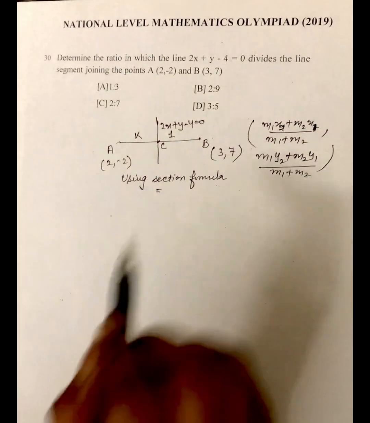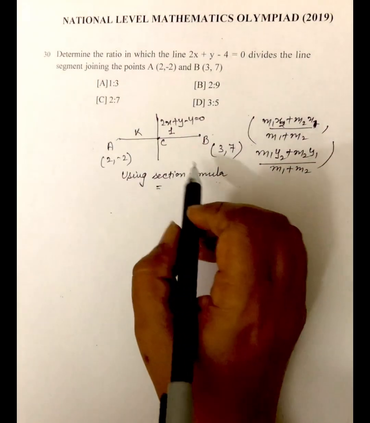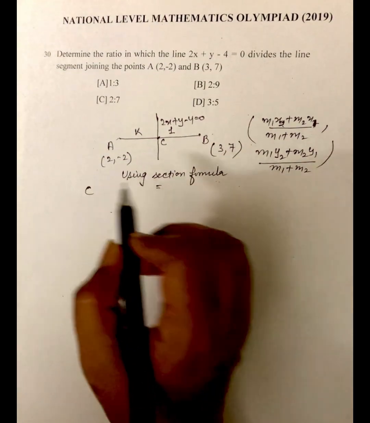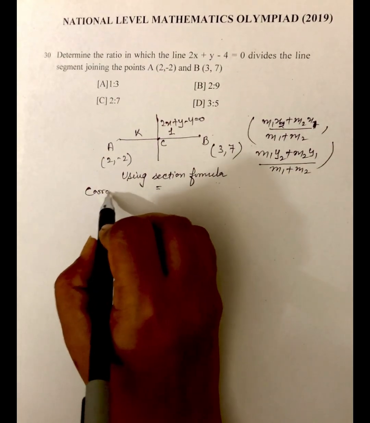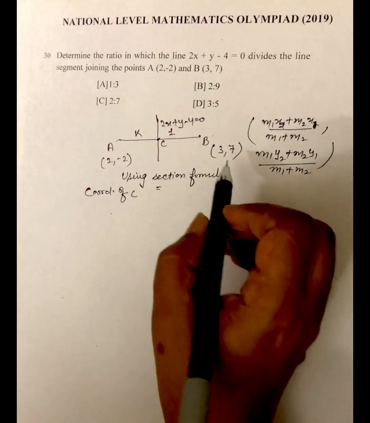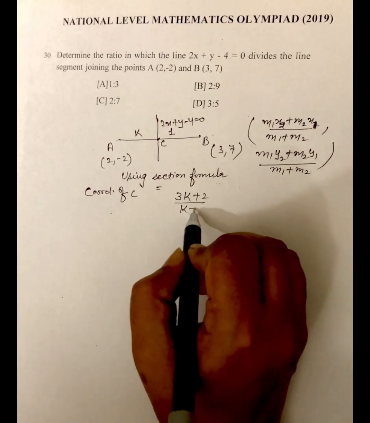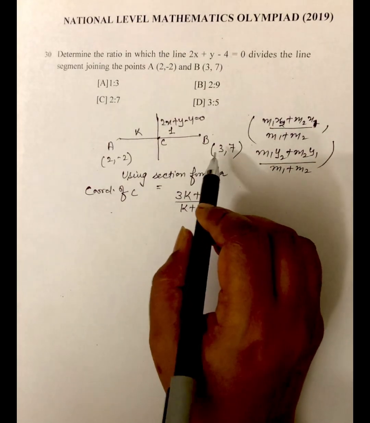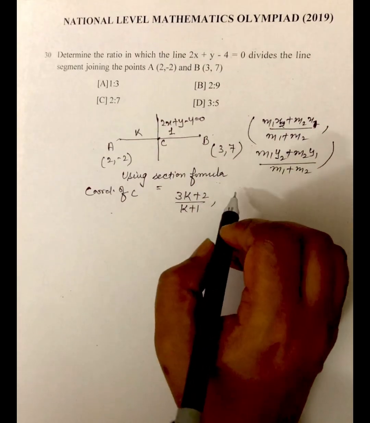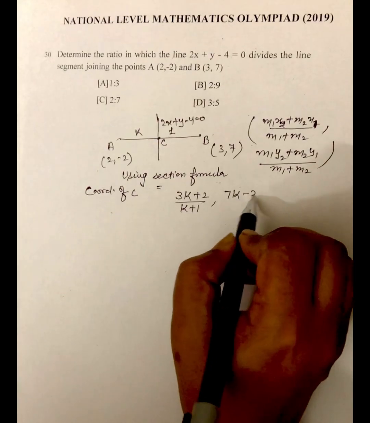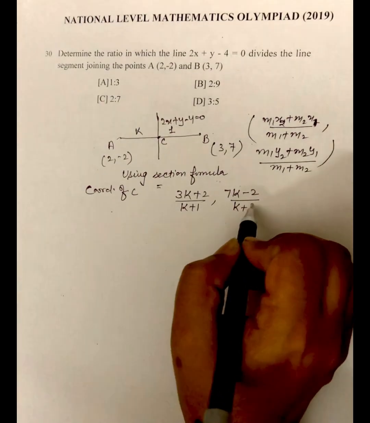So use this formula here. Coordinates of C will be (3k plus 2) upon (k plus 1) and (7k minus 2) upon (k plus 1).